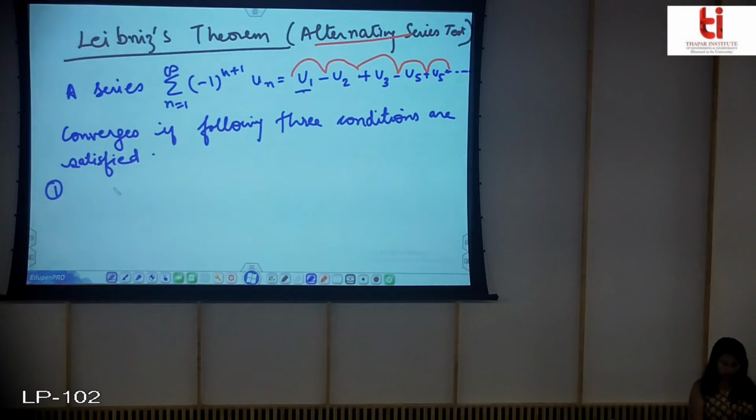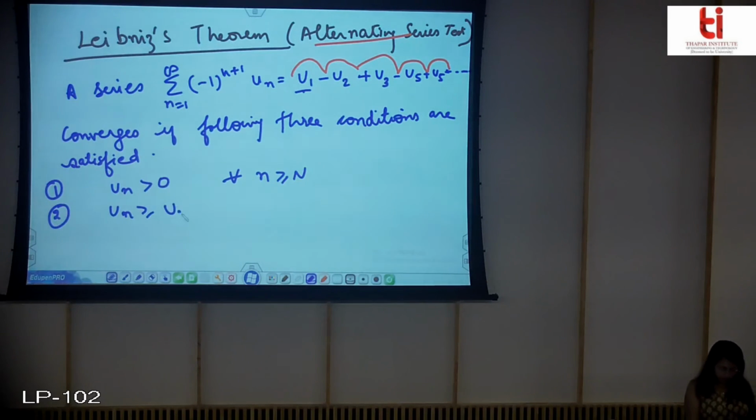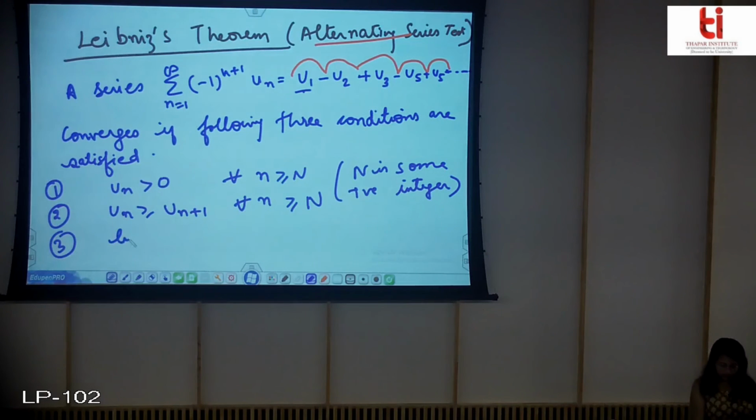First, un should be greater than 0 for every n greater than or equal to N, where N is some positive integer. Secondly, un should be greater than or equal to un plus 1 for every n greater than or equal to N. And the third condition is limit n tending to infinity un is equal to 0.